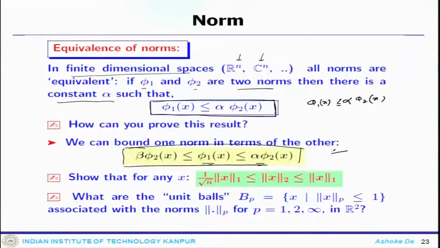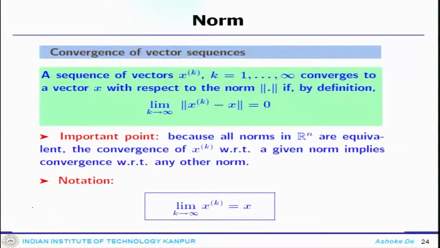So, this is the boundedness of norms. So, you get these properties. These are for homework; one can do that.